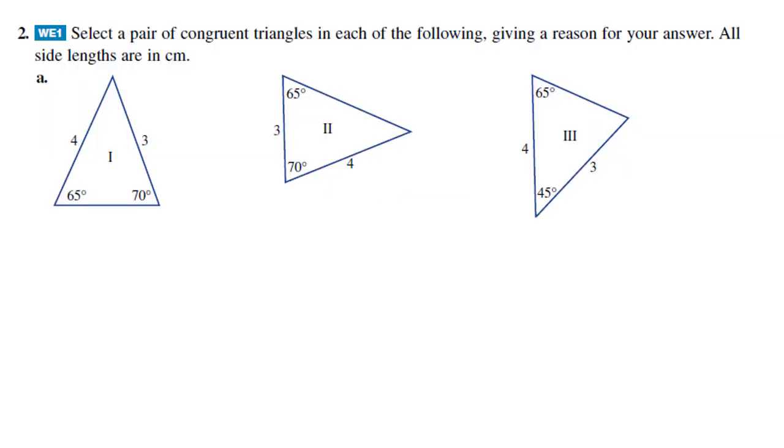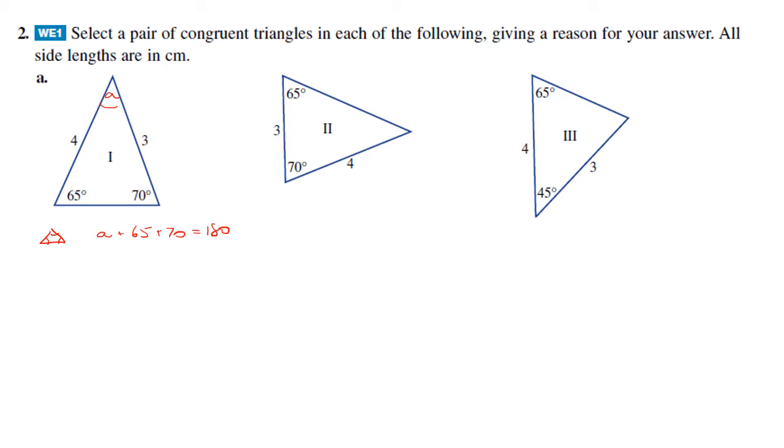So select a pair of congruent triangles from the three below and give a reason for your answer. The first thing we need to do is calculate our missing angles. Angle A: we know from our interior angles of a triangle rule that A plus 65 plus 70 will add up to 180.